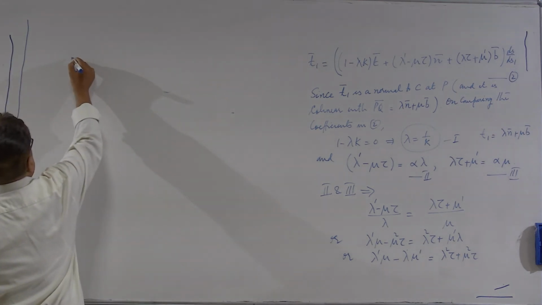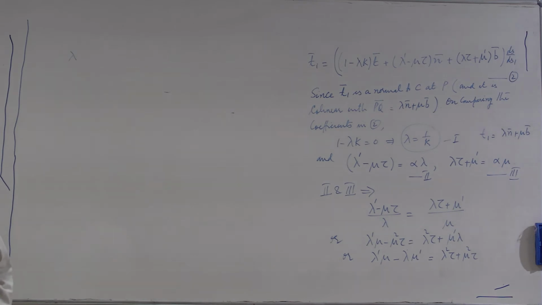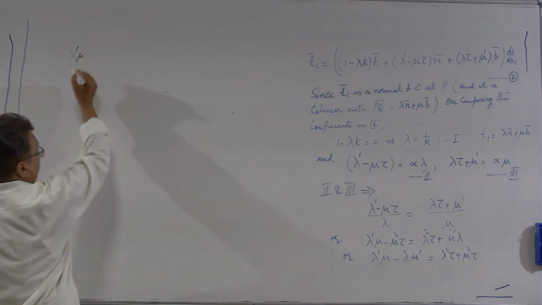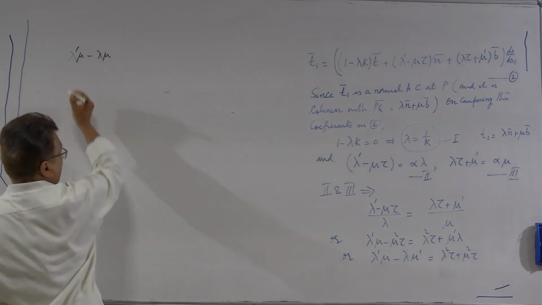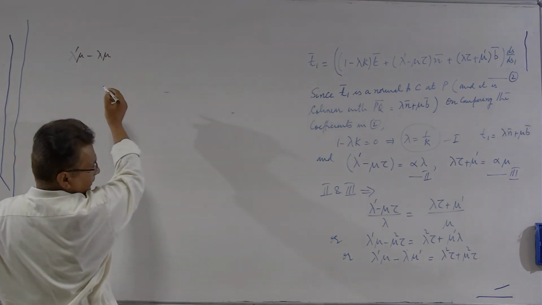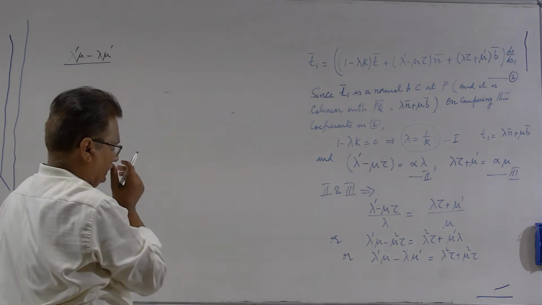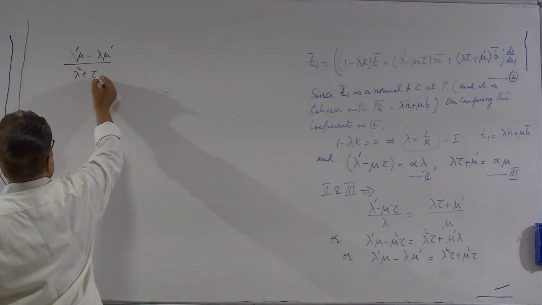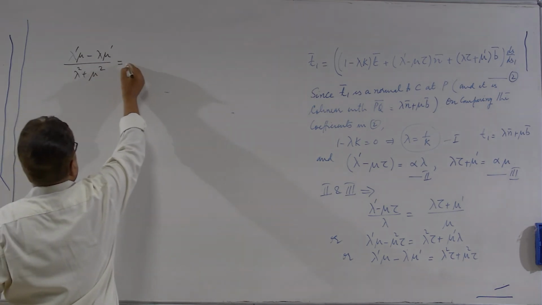So, lambda dash mu minus lambda mu dash, and tau I am taking common, upon lambda square plus mu square equal to tau.